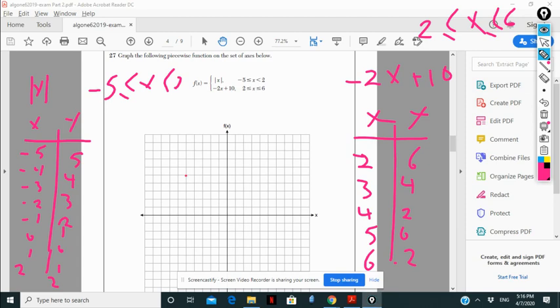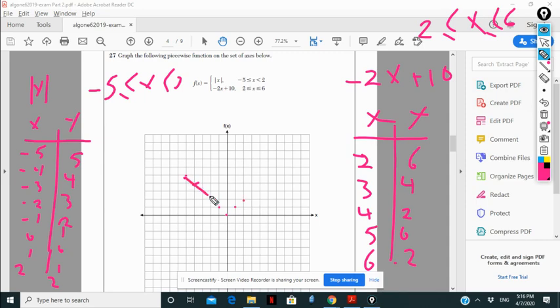This was 5 and -5, 4 and -4, 3 and -3, -2 and 2, -1 and 1, 0 and 0, 1 and 1, 2 and 2.